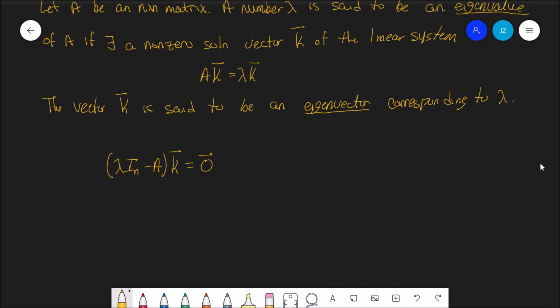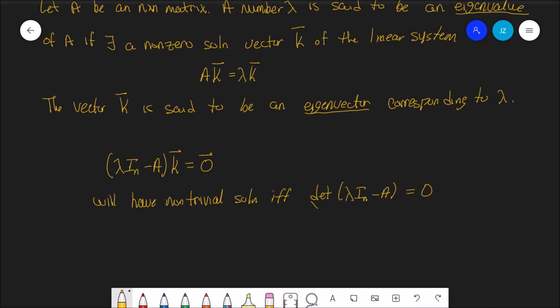This will have a non-trivial solution if and only if the determinant of lambda I minus A is equal to 0.